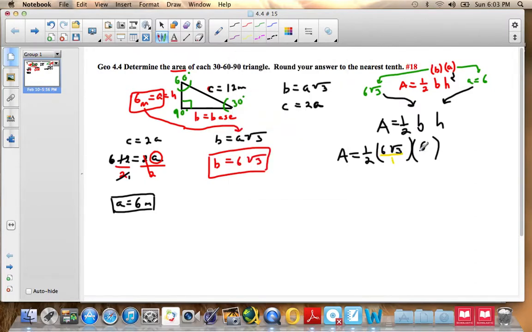I do this again just because sometimes it makes it easier to see what to multiply by what. So I can make anything a fraction as long as I put it over 1. So when I do this, I'm going to say 6 times 6, which is 36, and then square root of 3, over my 1 times 1.